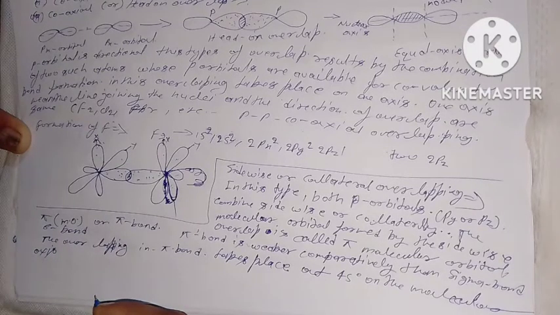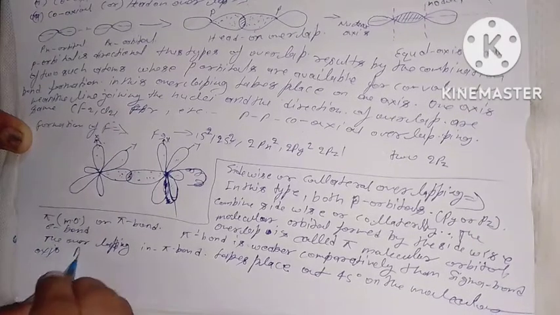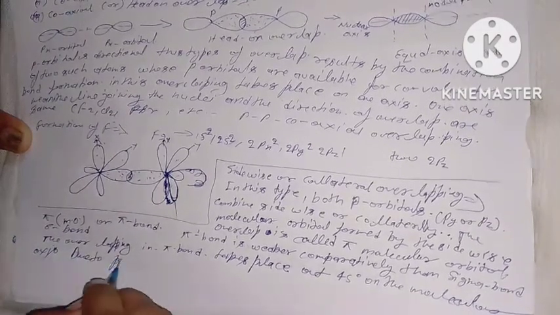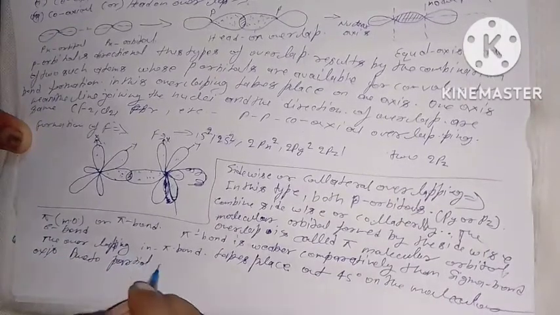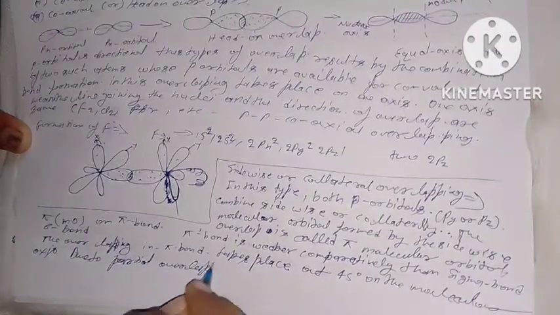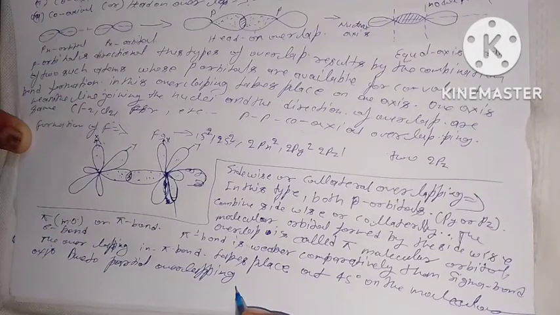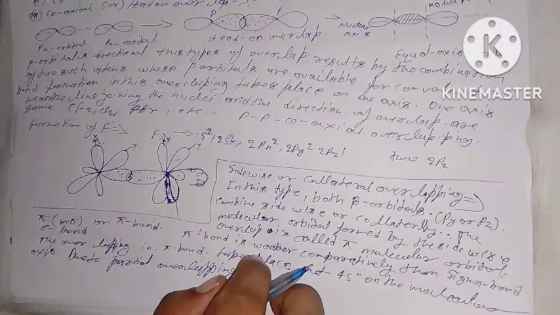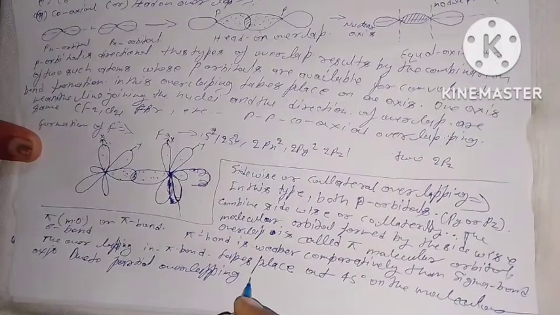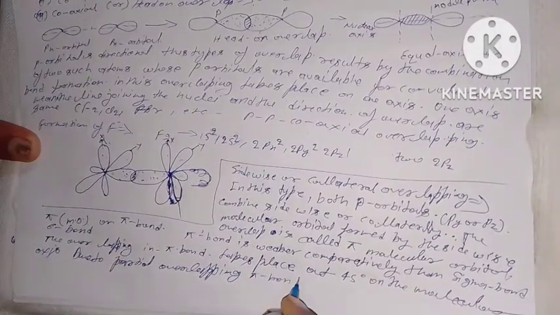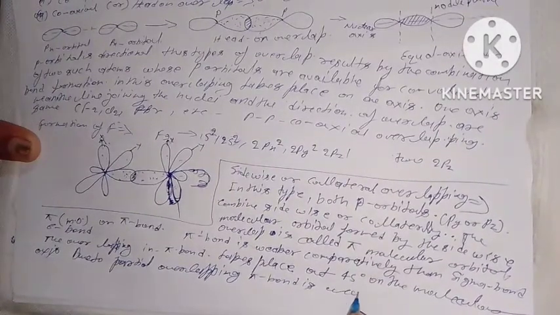Due to partial overlapping, the pi bond is a weak bond.